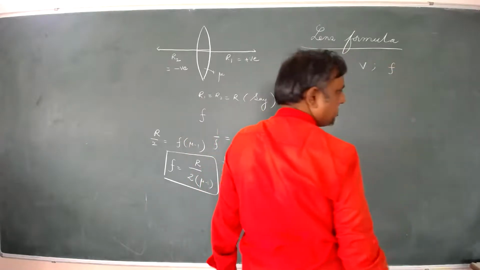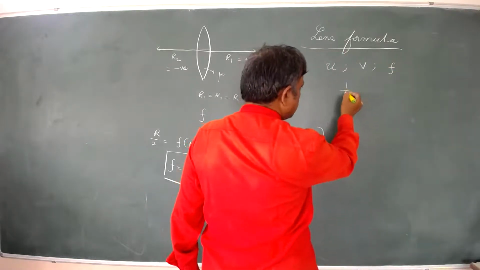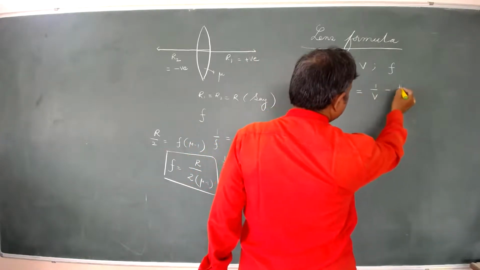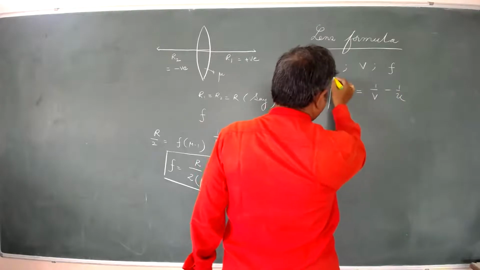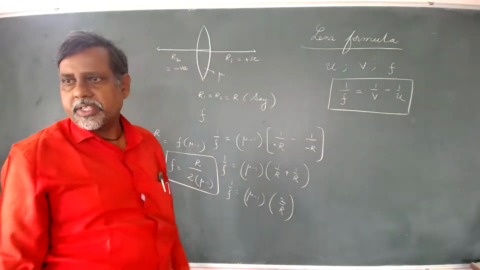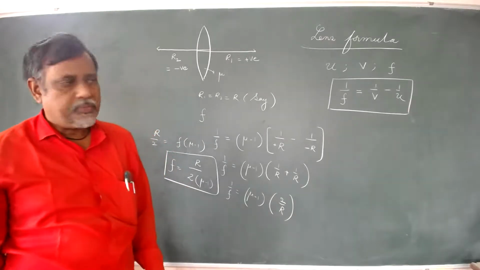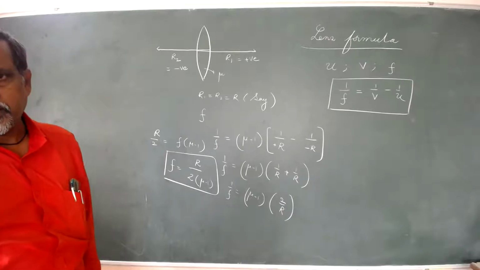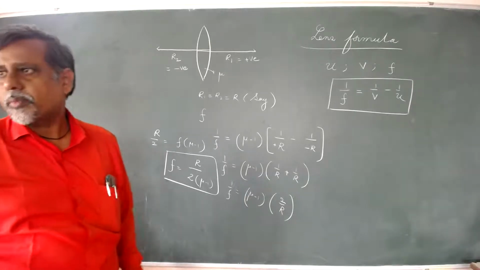The lens formula says that 1 by f is equal to 1 by v minus 1 by u. This is the lens formula.